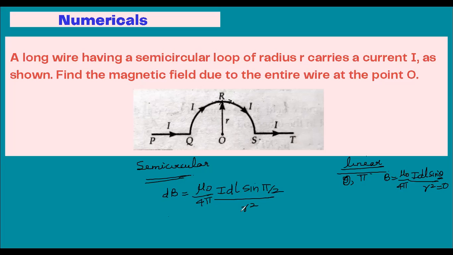Therefore, the total magnetic field will be the integral of mu naught by 4 pi I dl divided by r square, and integral dl here is equal to pi into r because that's a semicircle. So that results in magnetic field at the point O as equal to mu naught I divided by 4r.